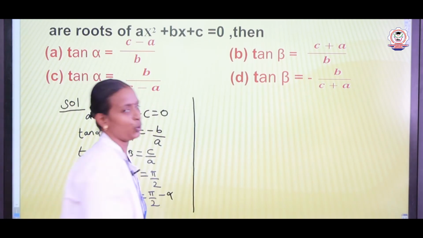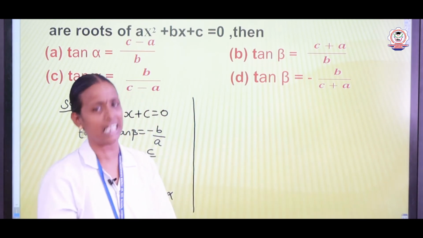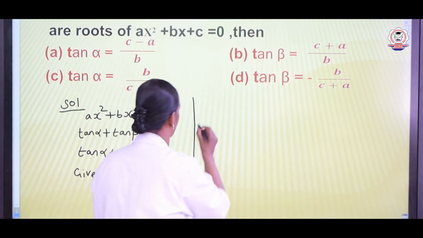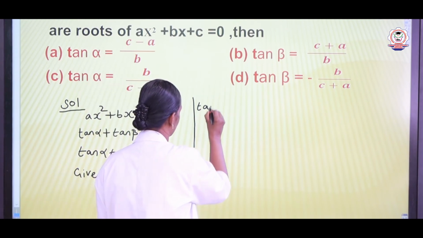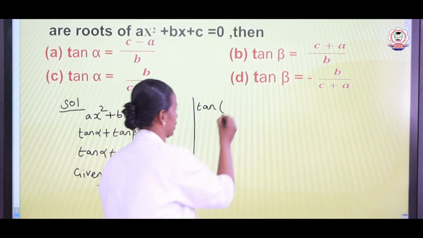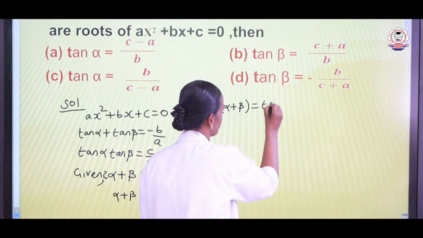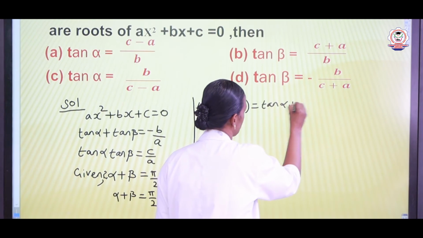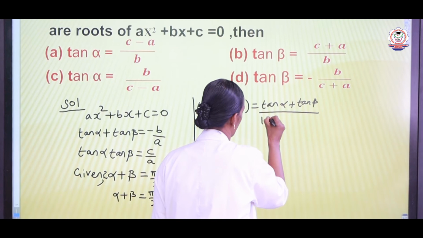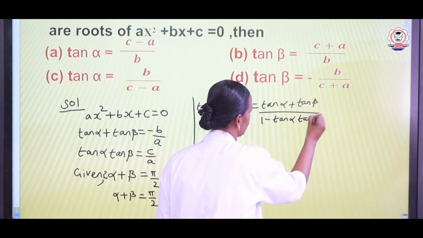We know the same formula, tan of a plus b equal to tan a plus tan b divided by 1 minus tan a into tan b. Now, we are using that formula. Here tan alpha, tan beta are the roots, therefore we are using tan of alpha plus beta equal to tan alpha plus tan beta divided by 1 minus tan alpha into tan beta.